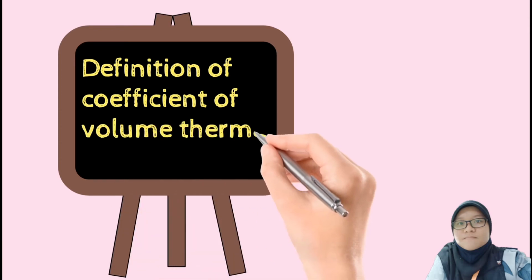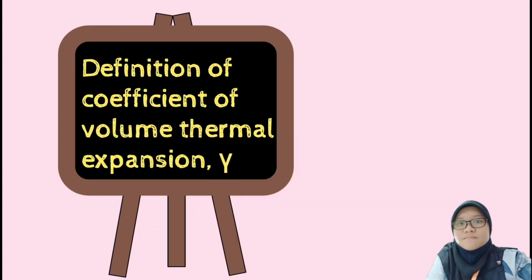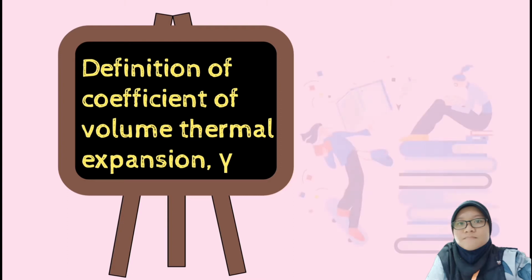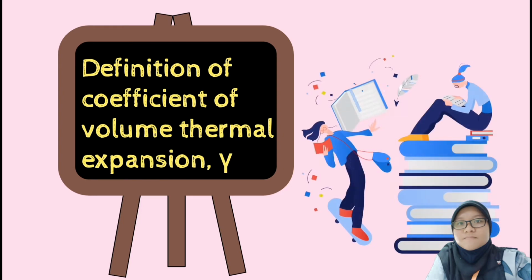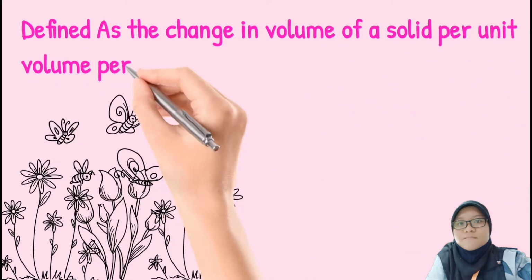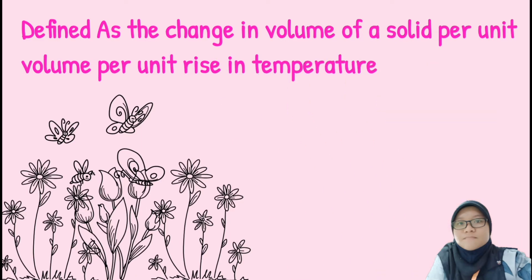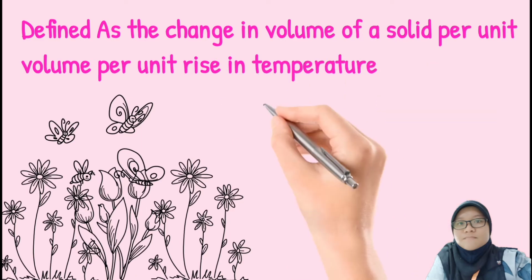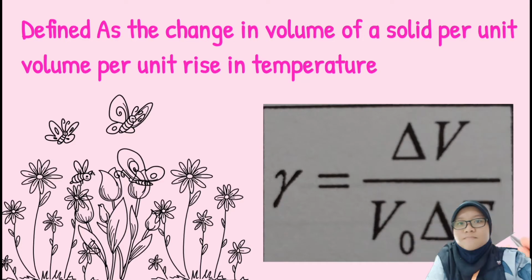Definition of coefficient of volume thermal expansion, gamma. Gamma is defined as the change in volume of a solid per unit volume per unit rise in temperature.